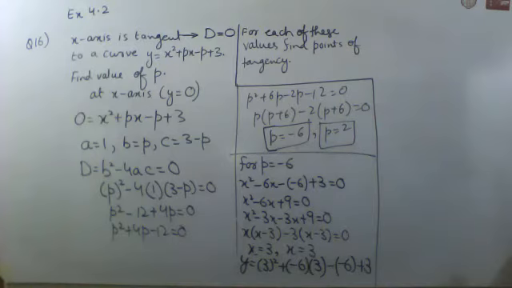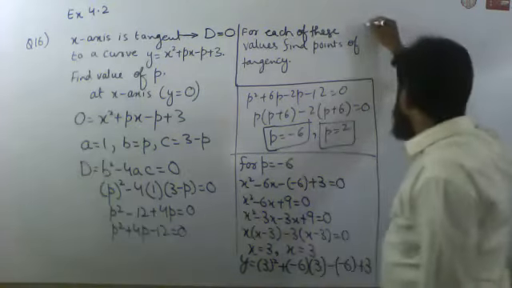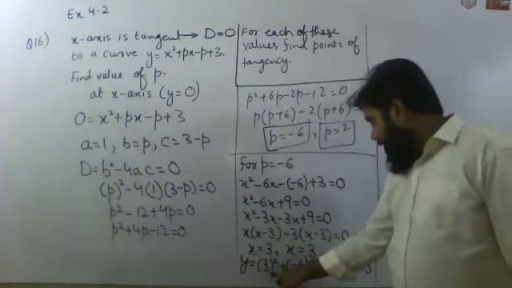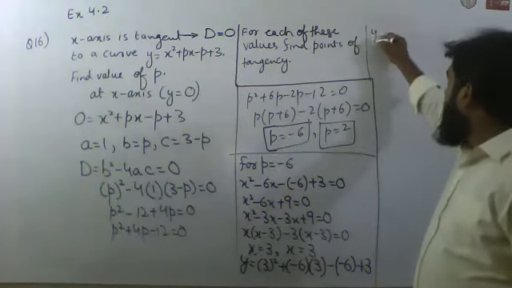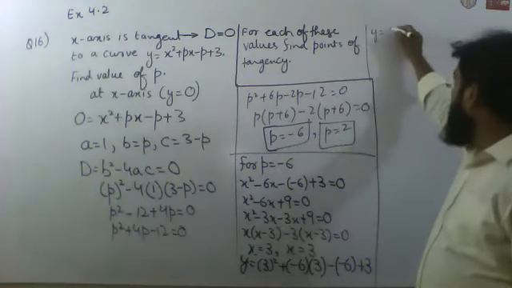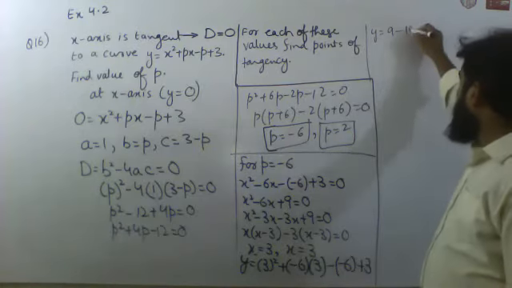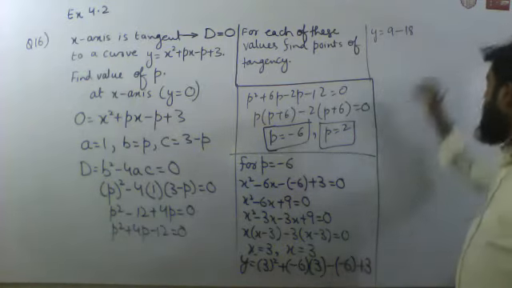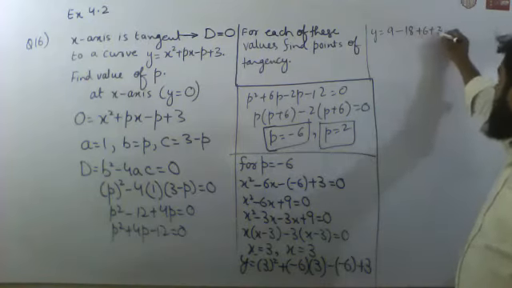So when I simplify this thing, what am I going to get over here? 3 square is 9, and y equals 3 square will be 9, minus 6 times 3 is 18, minus, plus 6, plus 3.